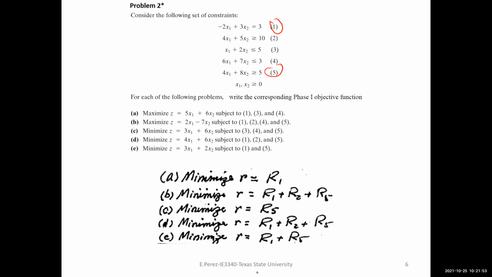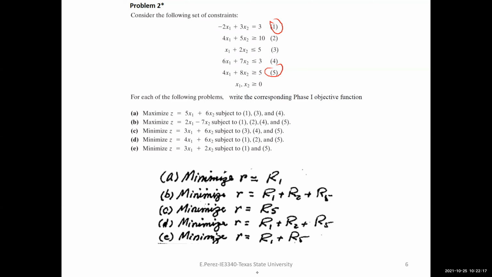For example, for a problem in which you're maximizing 5x1 plus 6x2, the objective function for phase one doesn't really matter, because we are going to formulate phase one just based on the artificial variables that you are going to have as part of the constraints.